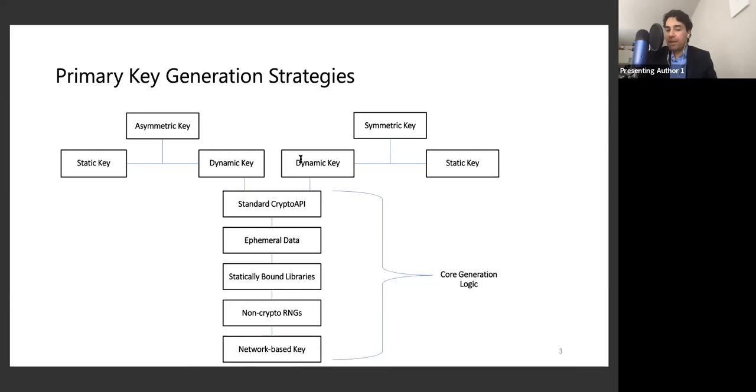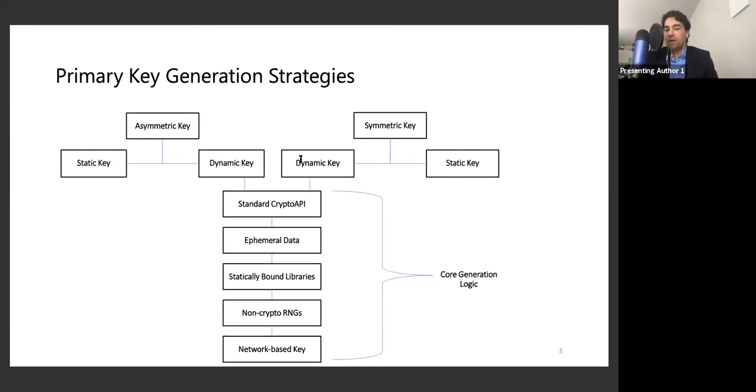They can bring in their own libraries statically bound with the binary, which makes the infection binary bulky, but it can be done. Then there are non-crypto random number generators where they get the randomness, and these are not cryptographically secure, so there are security impacts there. But we've noticed that that has also happened.